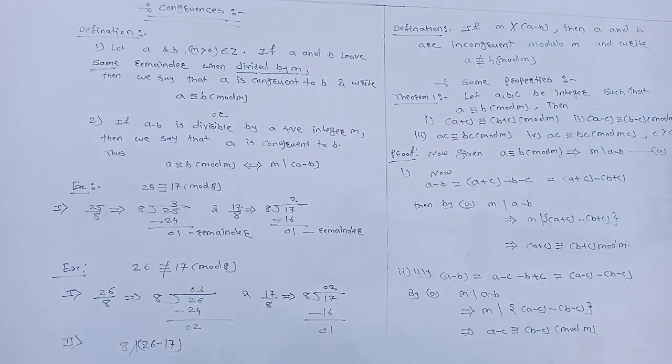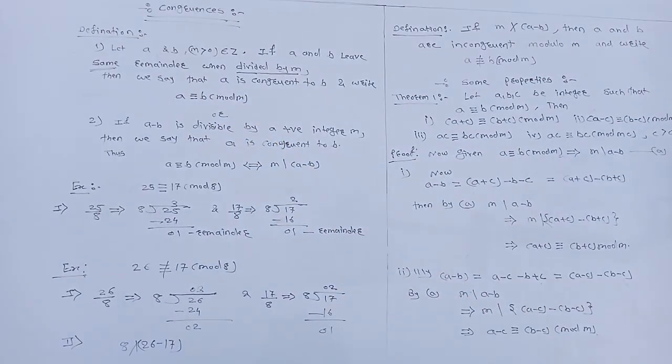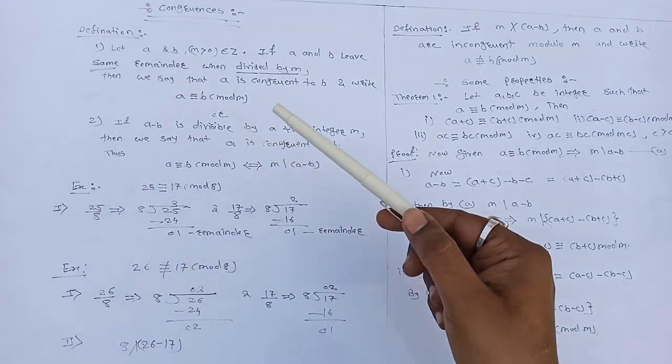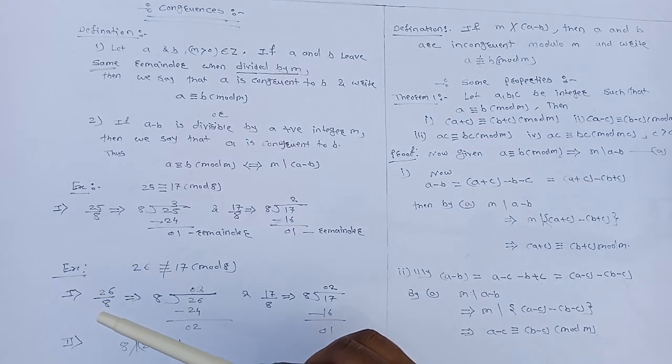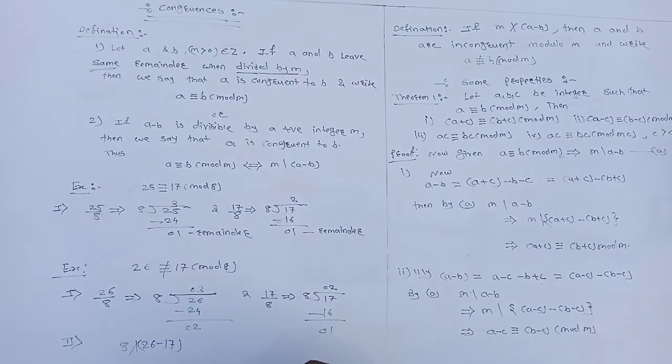That means if we divide A by M and R1 is some remainder, and similarly if we divide B by M, then R2 is the remainder.